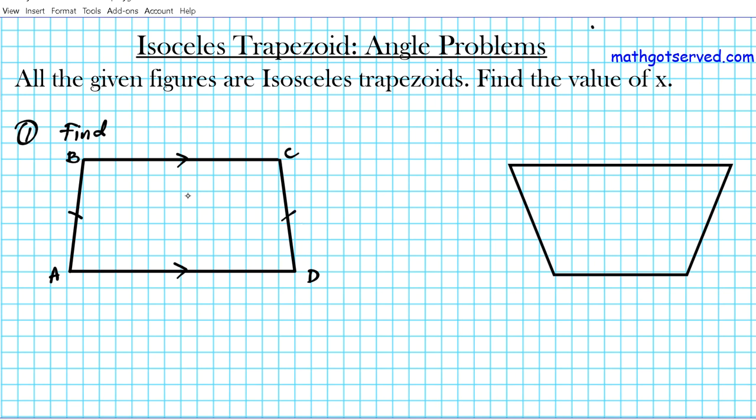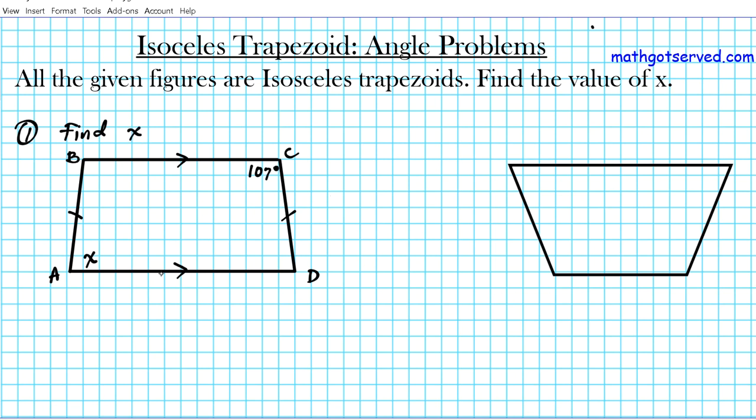Something to keep in mind is that all the quadrilaterals we are going to be presenting in this presentation are all isosceles trapezoids, okay? So keep that in mind. So number 1, we want to find x.